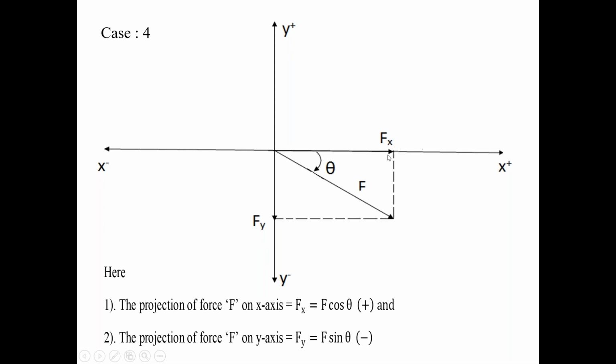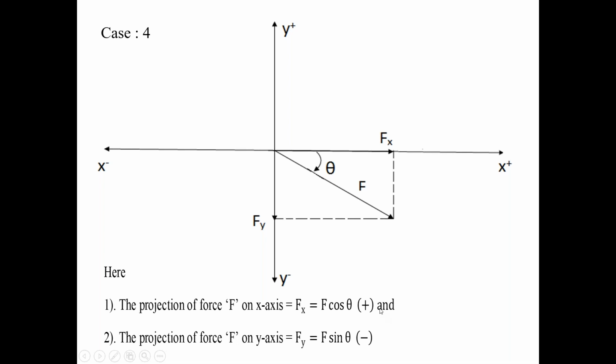So check the directions of Fx projection and Fy projection in condition 4. The Fx projection direction is towards the positive x-axis, and the Fy projection direction is towards the negative y-axis. Since this force F is making the angle theta with the x-axis, projection Fx is equal to F cos theta, positive projection.